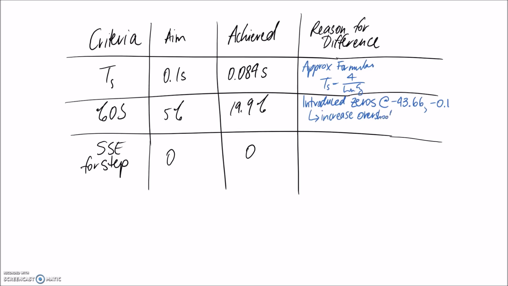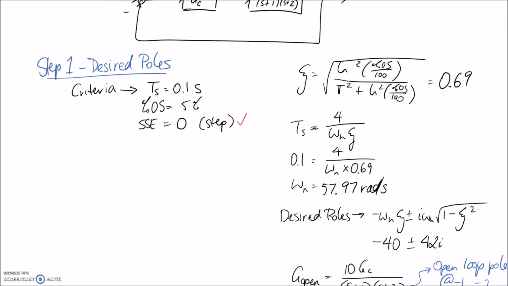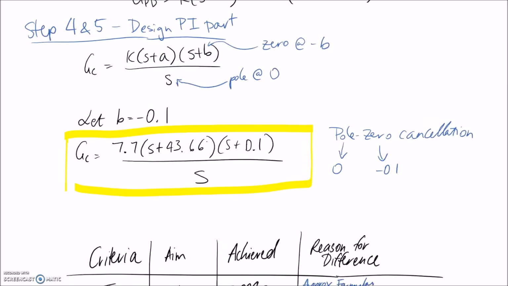And this was not accounted for in our theoretical equations or analysis. All of our analysis was done based on the fact that we had no zeros back at the beginning. Remember that we did our calculation for our desired poles based on this damping ratio and omega n. And at this point we're assuming that we had no zeros in our equation. So as a result, we've got quite a bit of error introduced there.